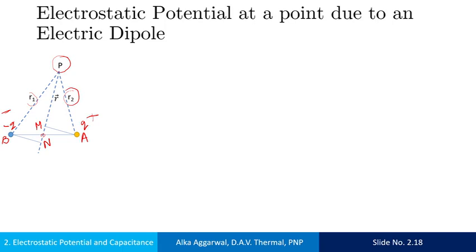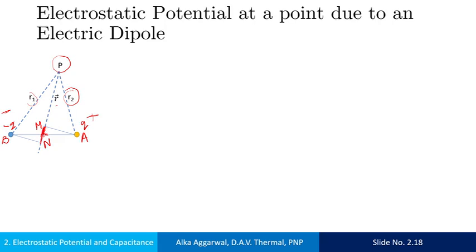Now say this angle is theta, then OM, this distance, is a cos theta, and similarly this distance is also a cos theta. As we are dropping perpendiculars from the points A and B on the line OP, we assume that the distance r2 is approximately equal to r minus OM.